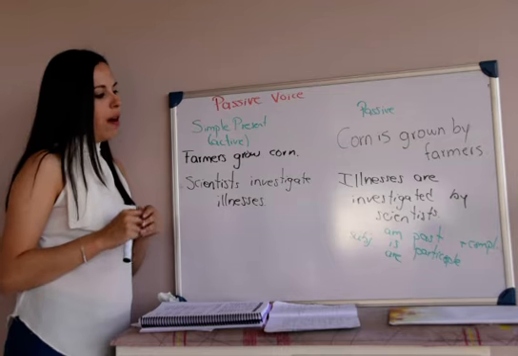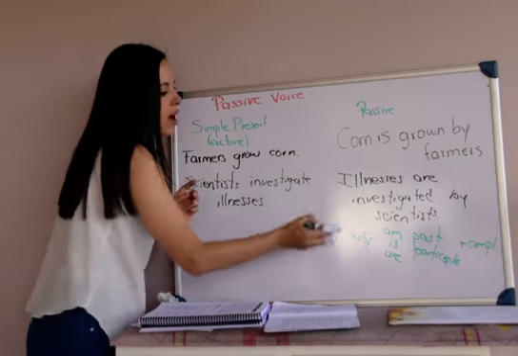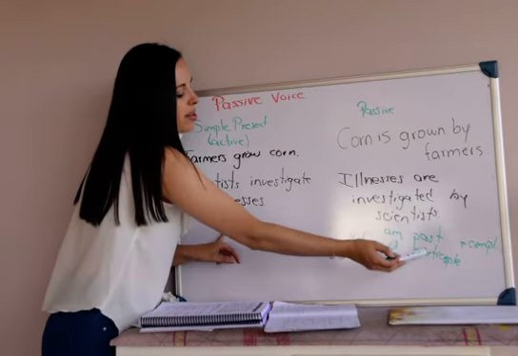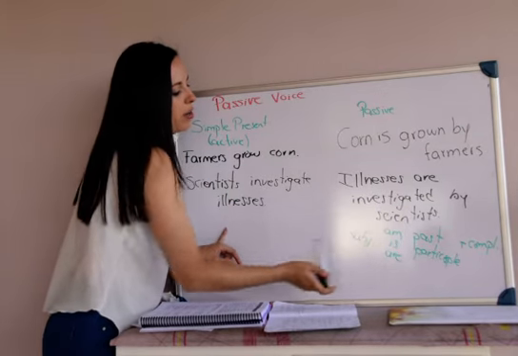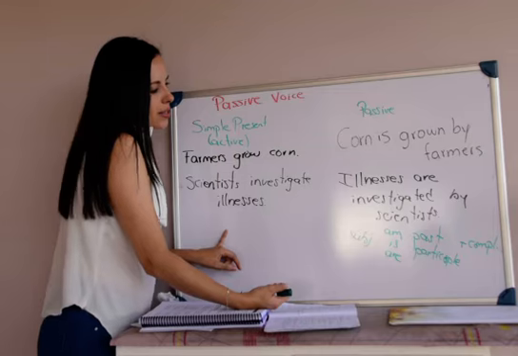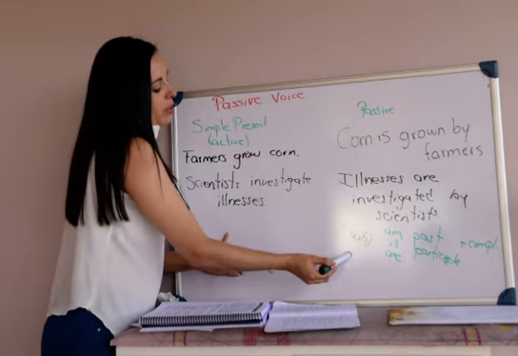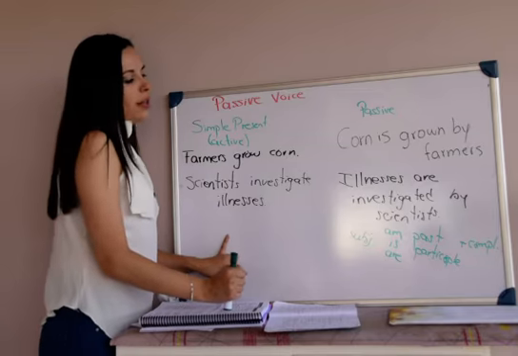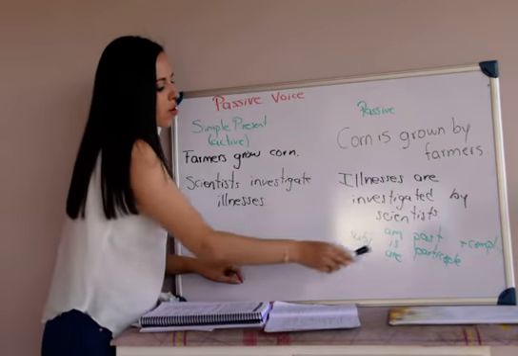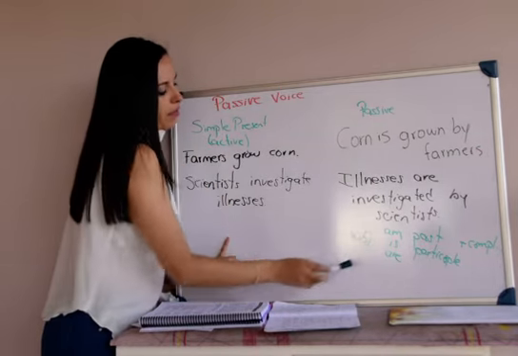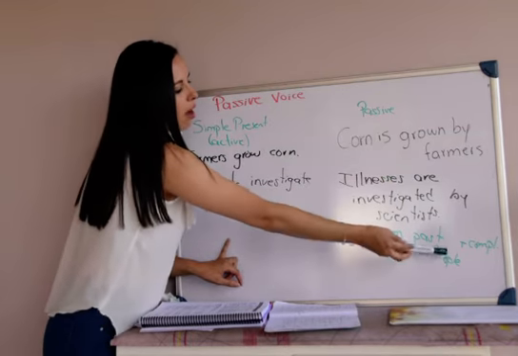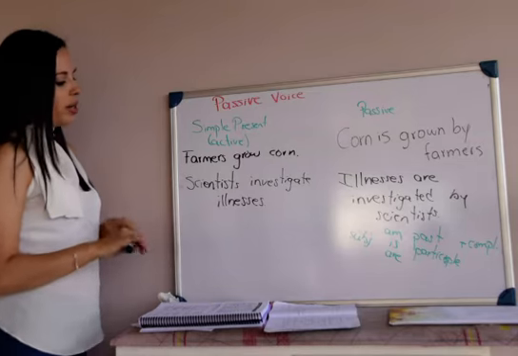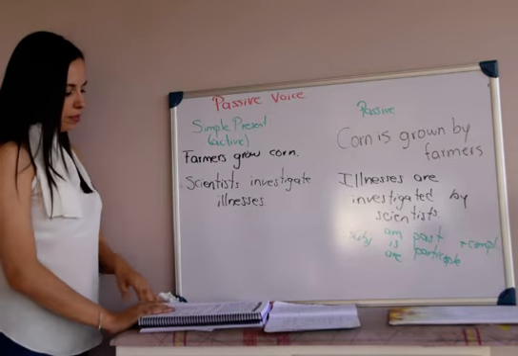Illnesses are investigated by scientists: subject, illnesses; verb to be, are, because illnesses is plural; past participle, investigated; and complement, by scientists. Corn is a non-count noun, so we need to use is, singular, the past participle grown, and the complement by farmers. That's the passive voice for simple present.